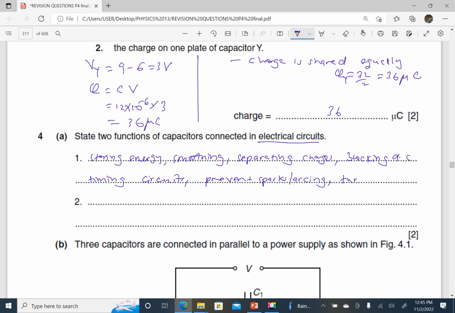Capacitors are used in tuning circuits, like for radios and TVs. Capacitors are used in coupling, that is joining one circuit onto another. Capacitors are used as temporary power supply. Capacitors are used in producing electrical oscillations.